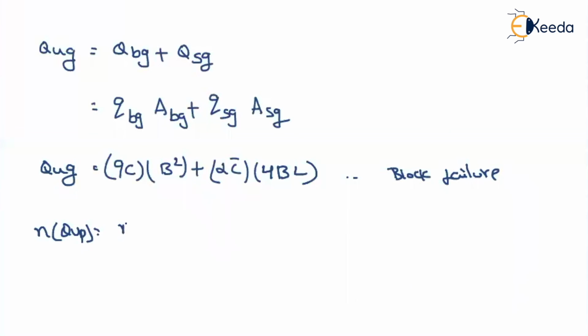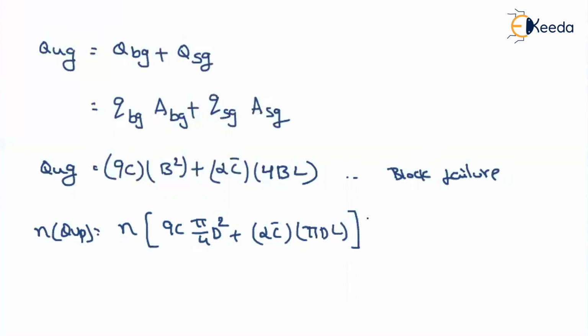That will be equal to N into the bearing resistance 9 into C into pi by 4 into D square, plus the frictional resistance alpha into C bar into pi into capital D into L. So this is based on the single pile. The capacity of the group action of piles will be considered as the lesser of these two values.